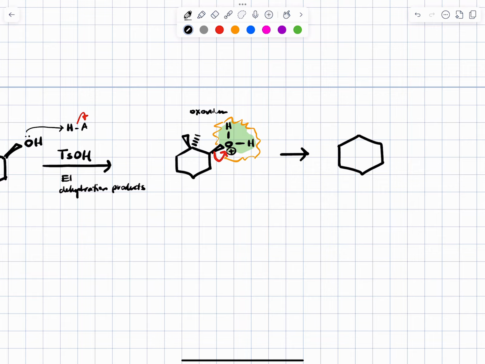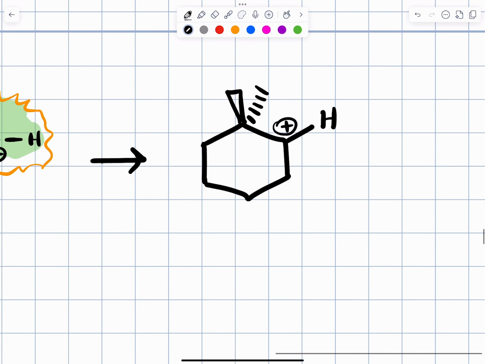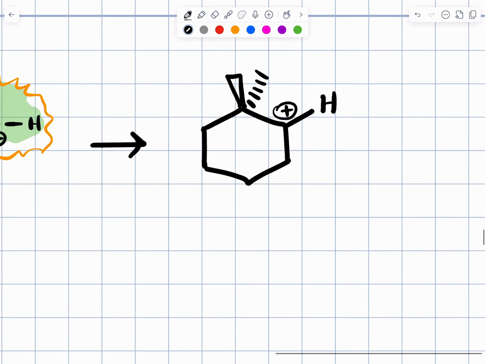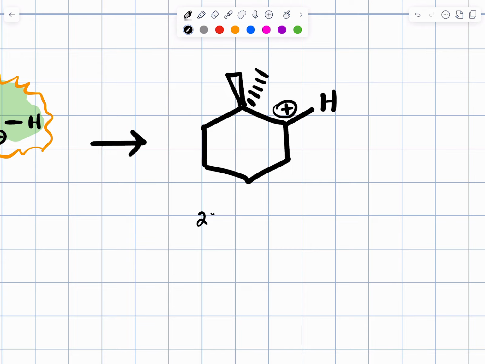Anytime we see a carbocation now, we need to be looking for the possibility of rearrangements, but we're only going to worry about rearrangements if they get us to a more stable carbocation. I'm noticing a secondary carbocation adjacent to a quaternary carbon.